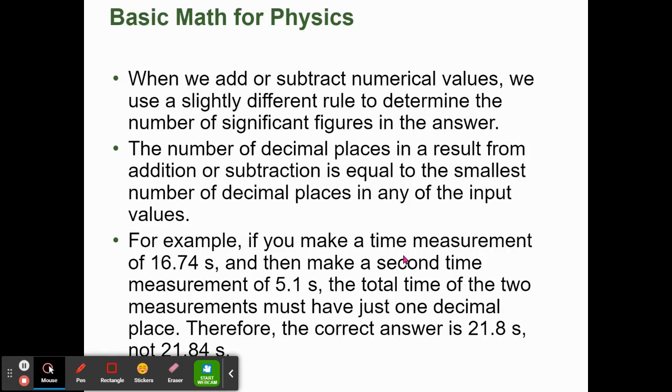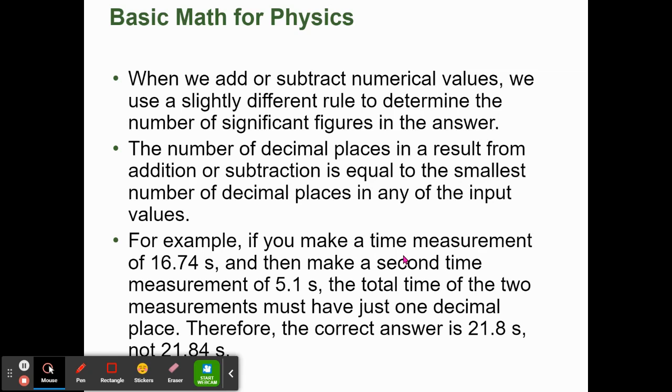All right, so yesterday we left off talking about how to add and subtract significant figures and multiply and divide them. So with multiplying and dividing, our answer can only be as accurate as what? The least accurate number or the least precise number. And how do we know which one is the least precise?